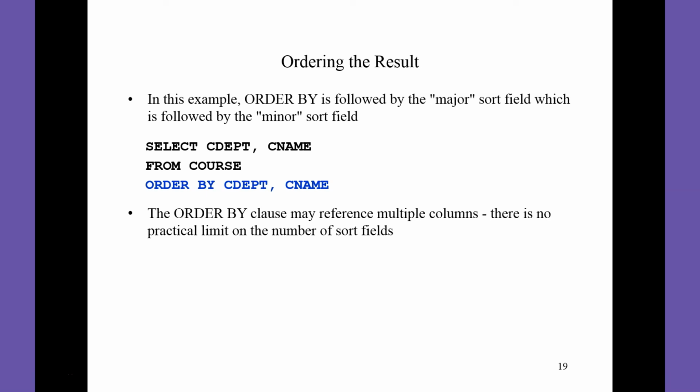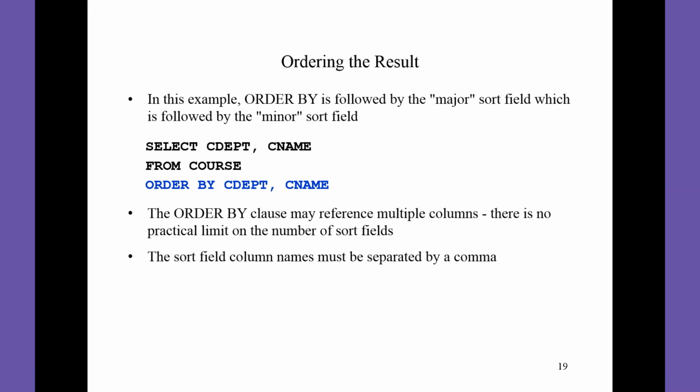Furthermore, when we use the ORDER BY, we've shown two columns here. In principle, there's no practical limit. The actual limit might be imposed by the resources available on the system, but it's possible to have 3, 4, 5, 6, 7 columns, whatever it takes. Depending on the size of these columns, that might be the limiting factor.